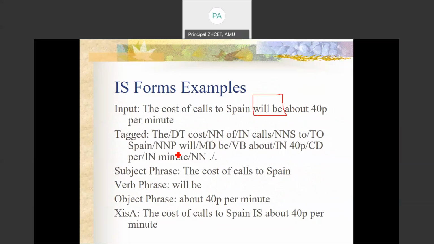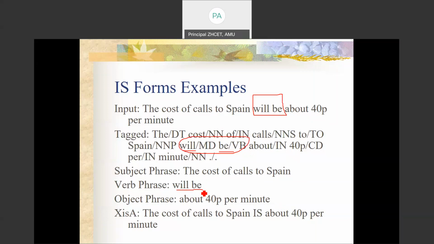First of all, tagging. Once tagging is done, identification of the verb, which will be "will be," because we see here "will be," modal and VB form, right? So all that is there, this will be my verb. All before it is the subject, all after it is the object. So now it becomes very easy.